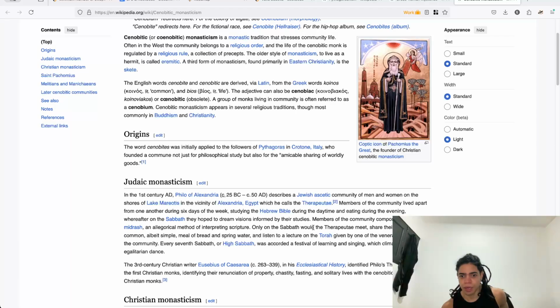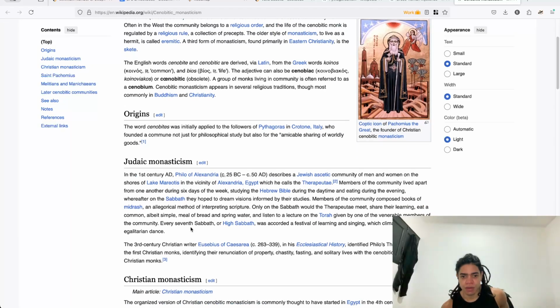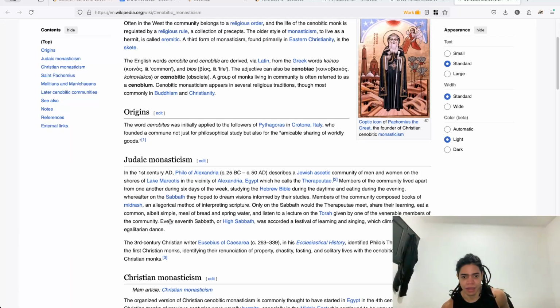Only on the Sabbath would the Therapeutae meet, share their learning, eat a common, albeit simple, meal of bread and spring water, and listen to a lecture on the Torah, given by one of the venerable members of the community. Every seventh Sabbath, or High Sabbath, was accorded a festival of learning and singing, which climaxed in an egalitarian dance.